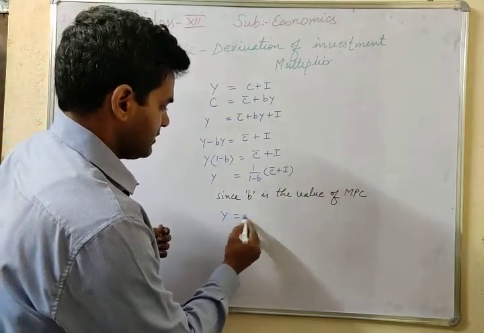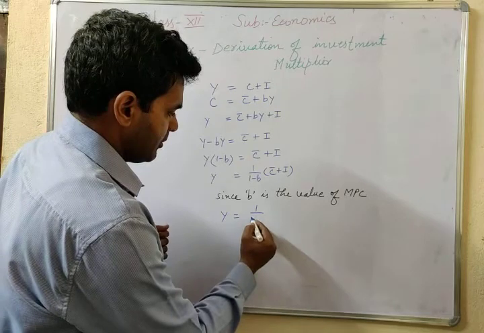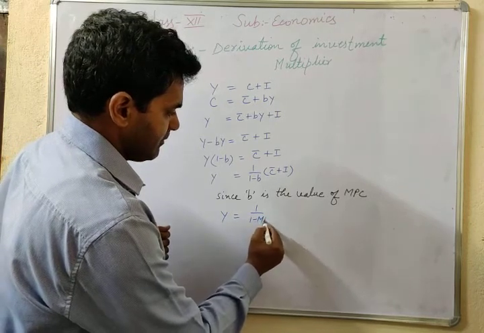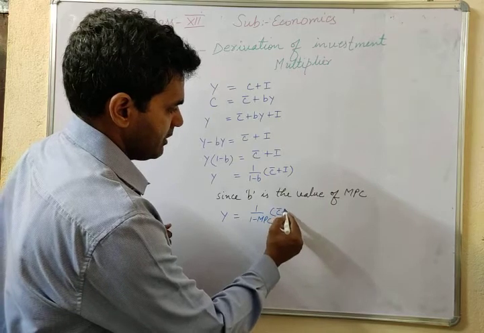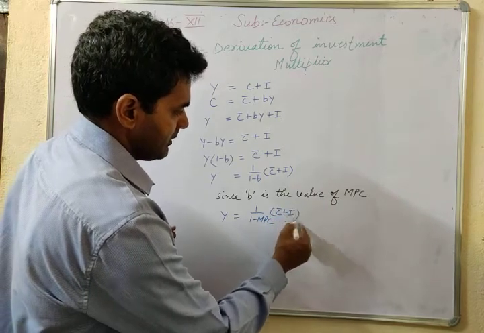So Y is equal to 1 upon 1 minus MPC into C bar plus I.